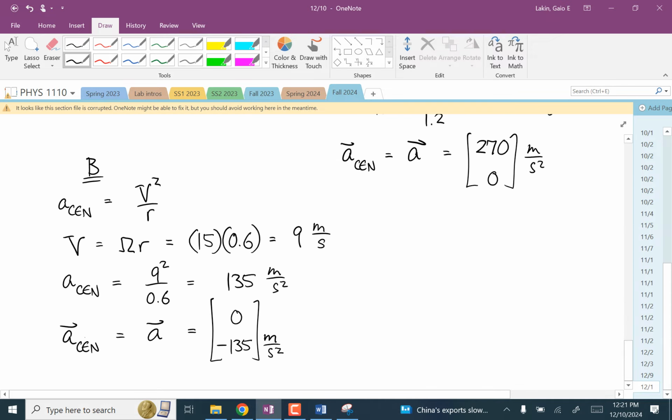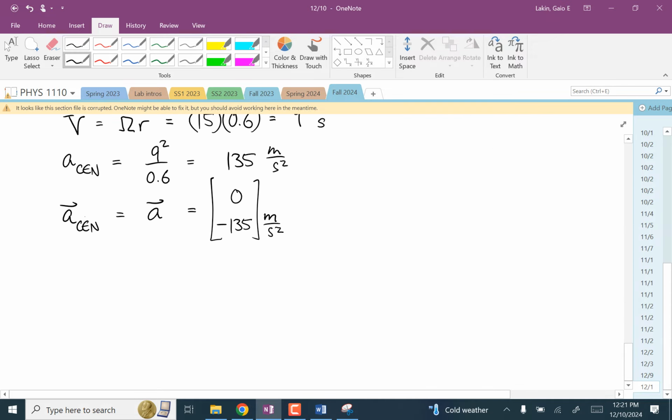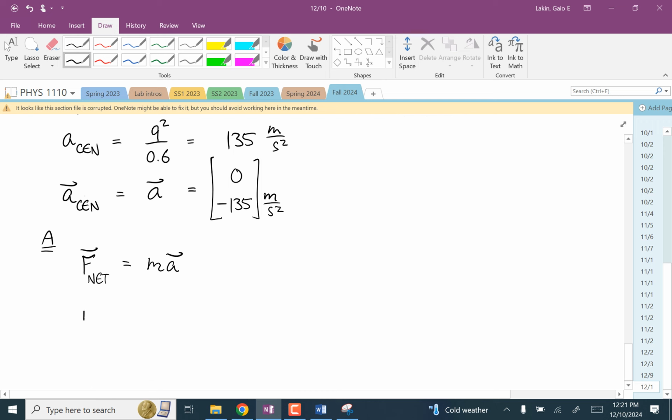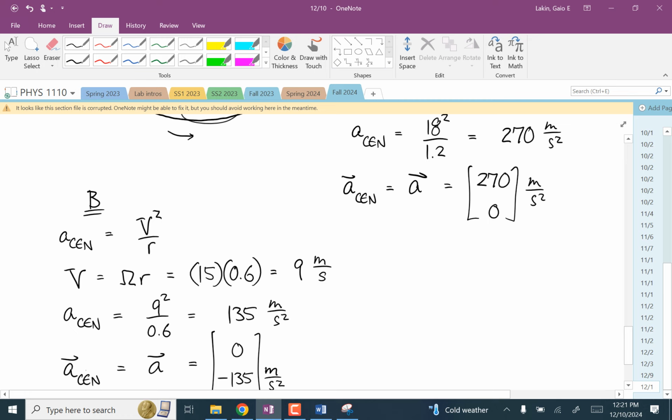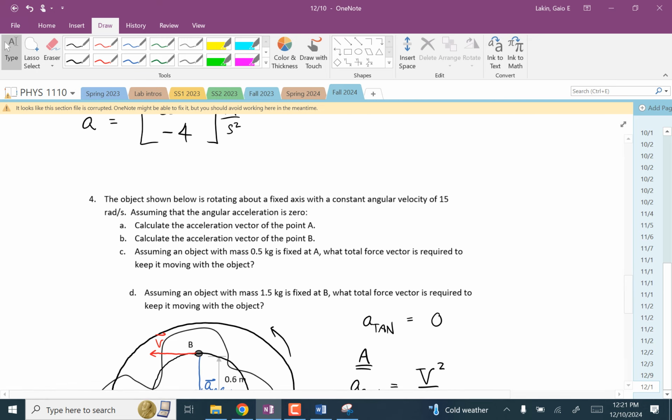Well, we know this is the acceleration. And so F net is equal to the mass times the acceleration. So for the point A, F net is equal to, it says for that question that the mass is 0.5 kilograms.